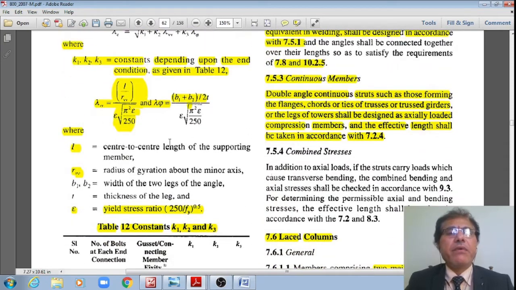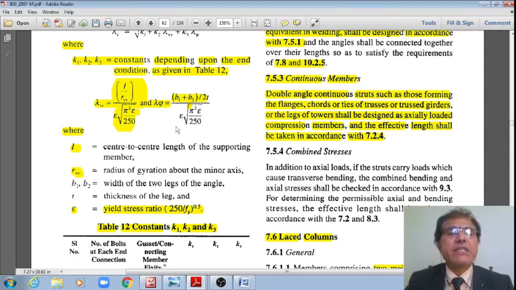And where lambda VV is L by RVV, the actual slenderness ratio about the VV axis, divided by epsilon multiplied by square root of pi square multiplied by E divided by 250. There's a typographical error, pi square multiplied by E divided by 250.